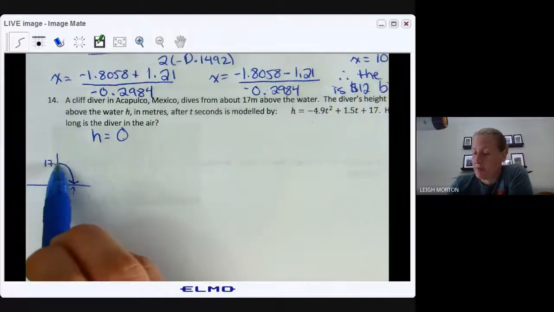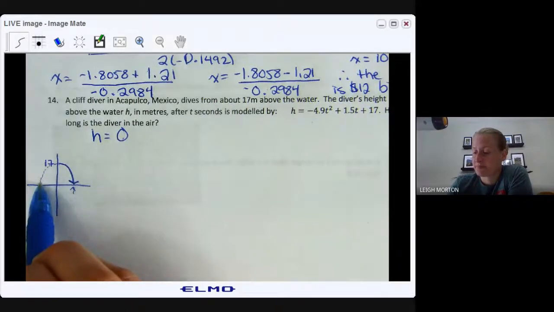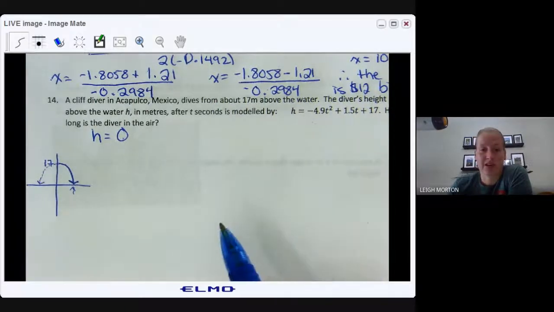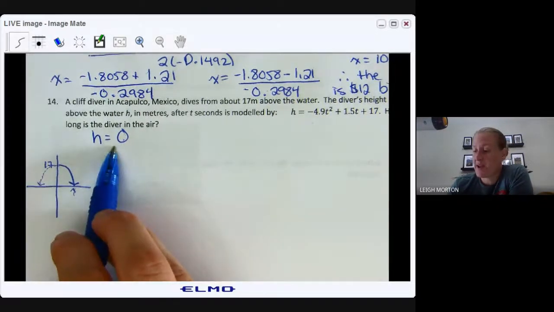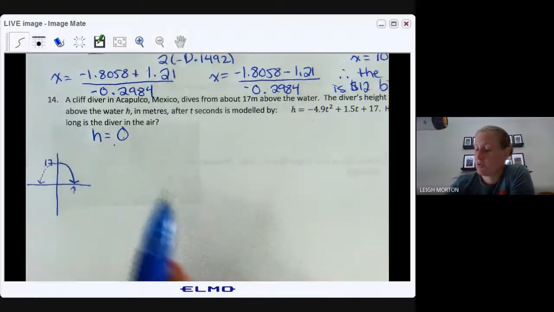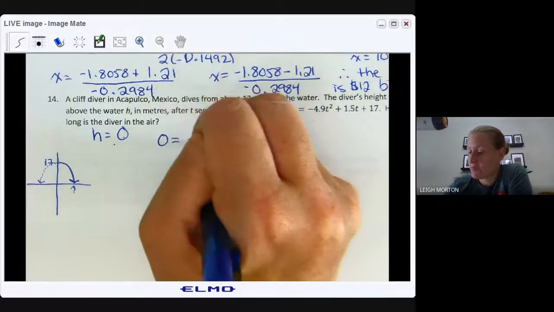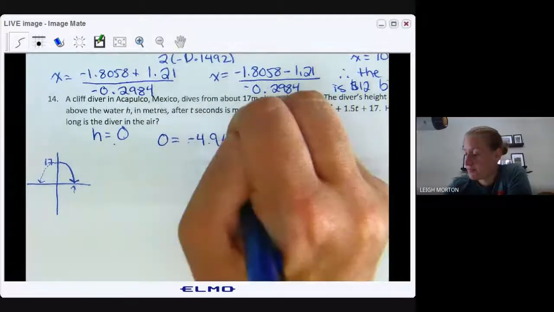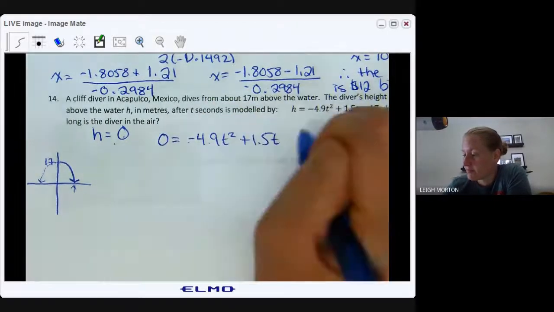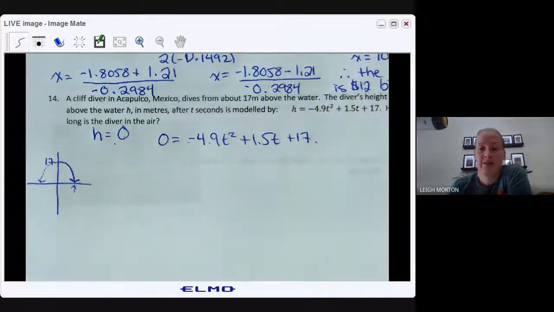Now we need to remember, with a quadratic relation, it's symmetrical, so I'm going to kind of scoot that back a little bit. Now we need to solve for what t does h equal 0. What I do is I set the equation equal to 0. And then I have two options.